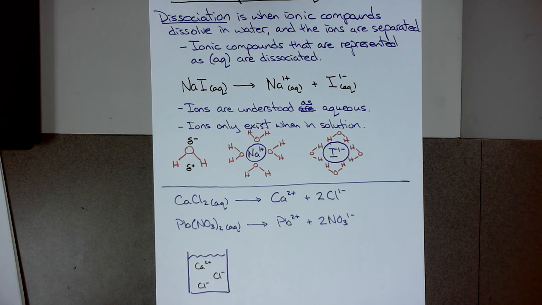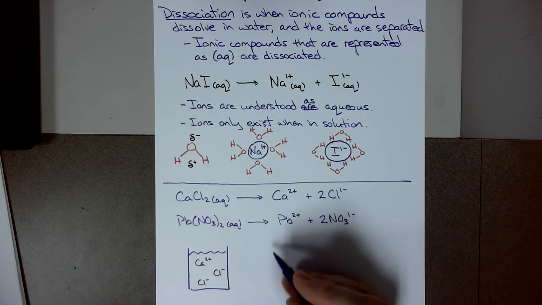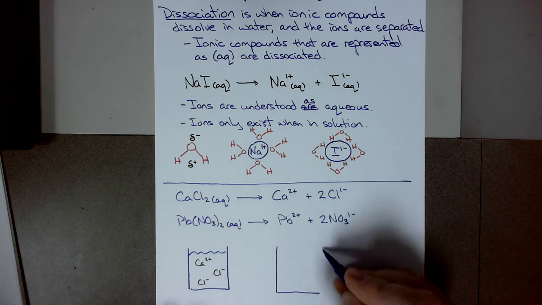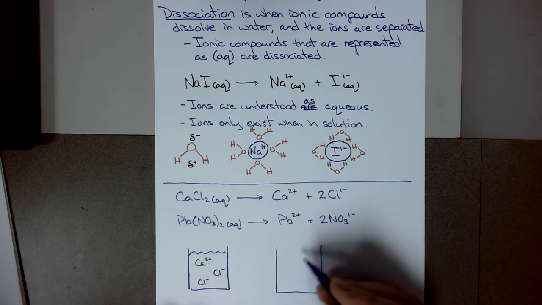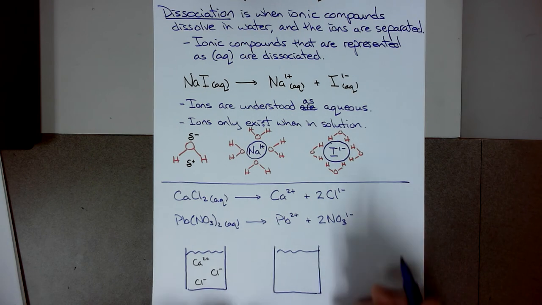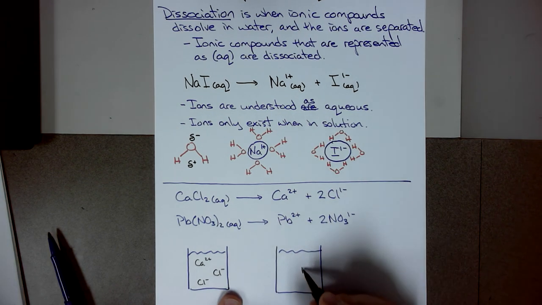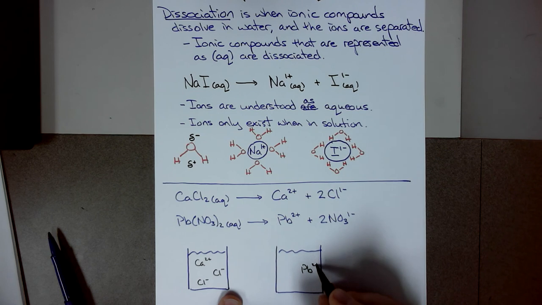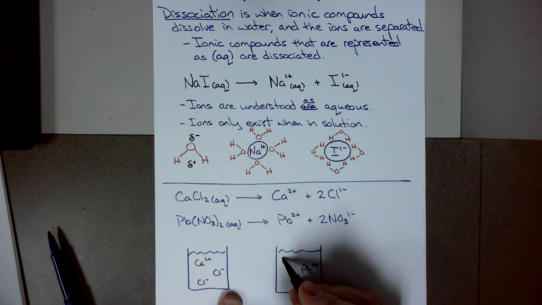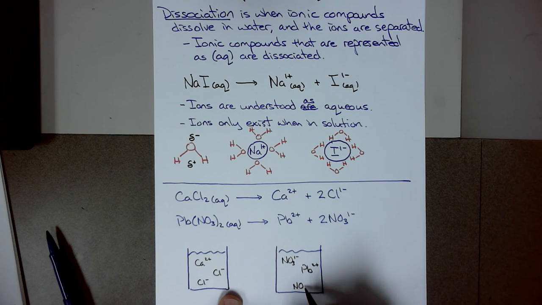And then for the other one, just like this one here, what I'm thinking is this. In my mind, I'm picturing water in the beaker, and there is 1 lead 2+ ion, Pb2+, and then 2 NO3 1- ions. Okay?